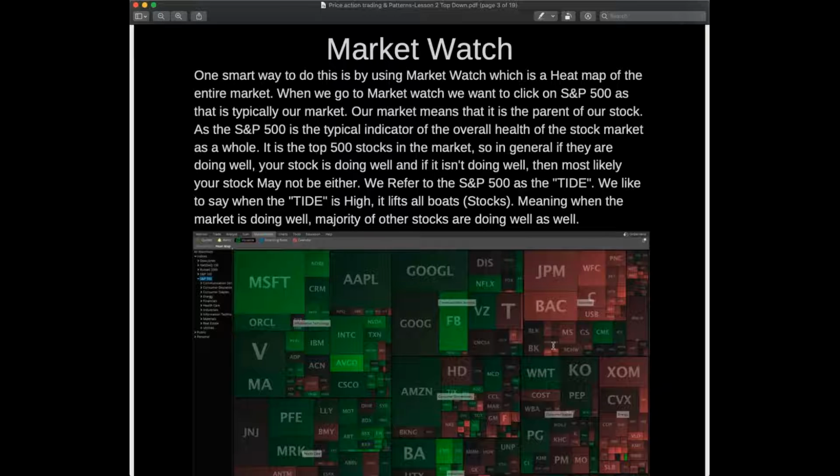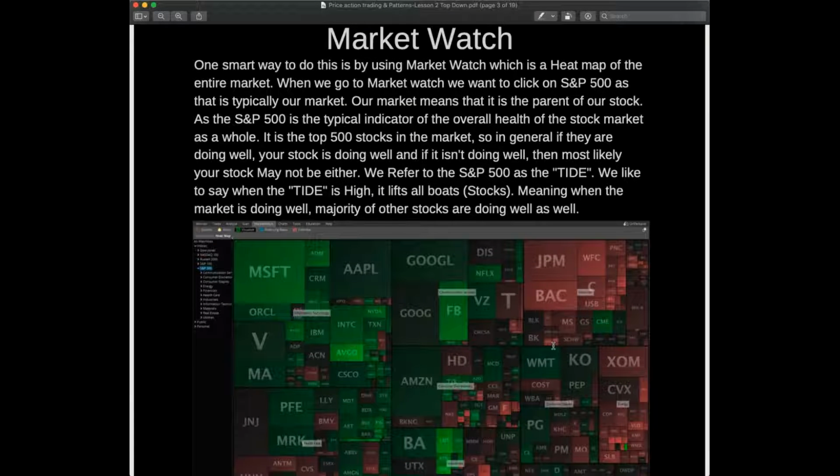Because what is the market? The market is just a representation of money flow, right? That's why it moves in waves. All these waves keep moving because all the money keeps moving. The money never stays still. It always moves into different sectors.